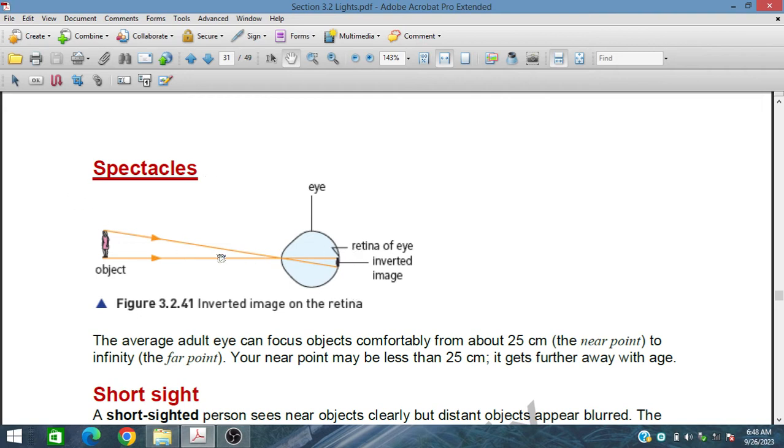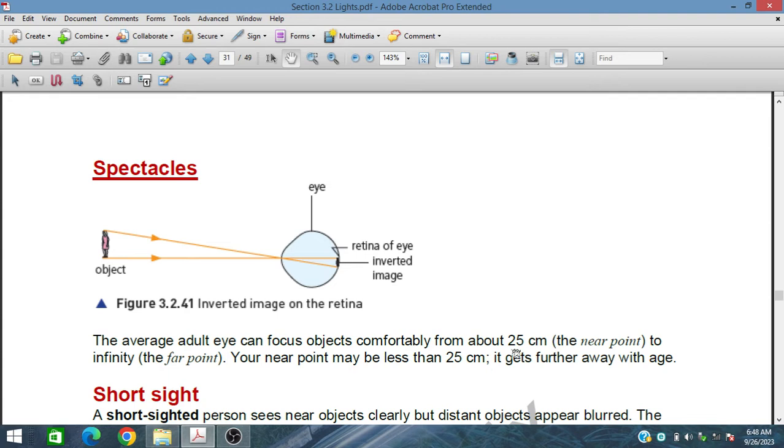Now spectacles. This is our eye, and we have an object here, and on the retina we have an inverted image. The adult eye can focus objects comfortably from about 25 centimeters, the near point, to infinity, the far point.